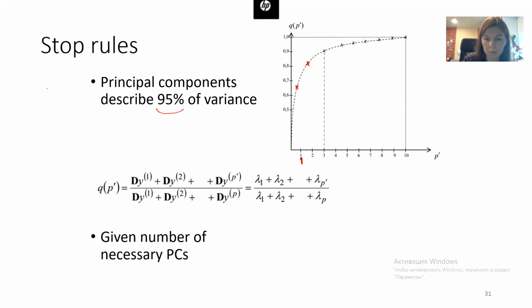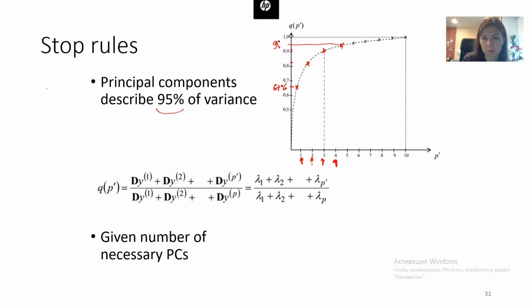When we have only one principal component, it describes about 67% of the total dispersion. If you have two principal components, it describes a little bit more than 80%. And somewhere here, you see that you describe approximately 91% of the original dispersion. You may say, okay, I will stop here and take 3 principal components. So maybe 4. Yes.